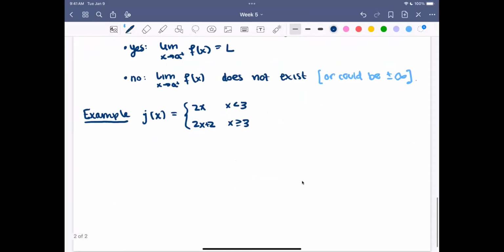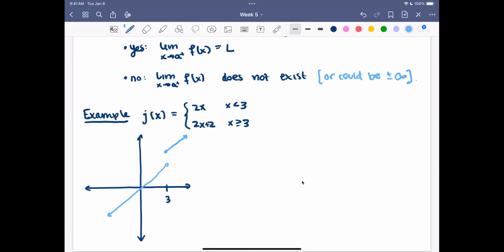Okay, so just to draw the graph of this function. Let's say this is x equals 3. So it's 2x, and then it'll be 2x plus 2 at some point after that.